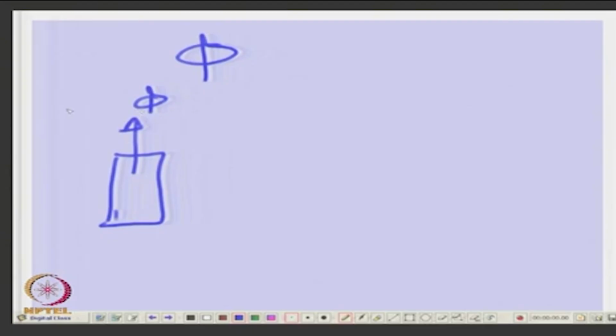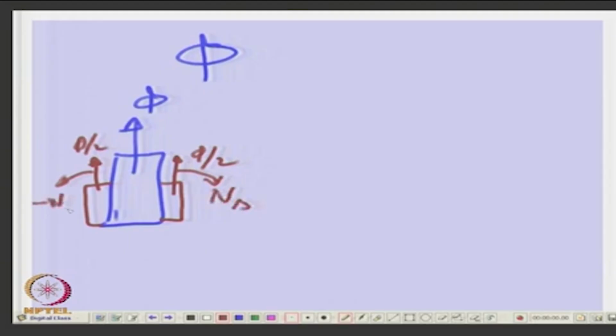But you also told, yes, this is equal to putting two small magnets, each phi by 2, which will start rotating at ns and minus ns.